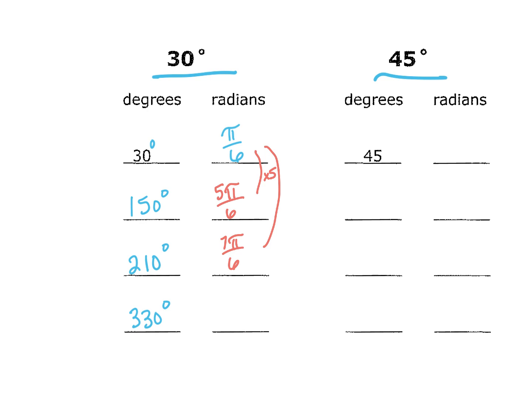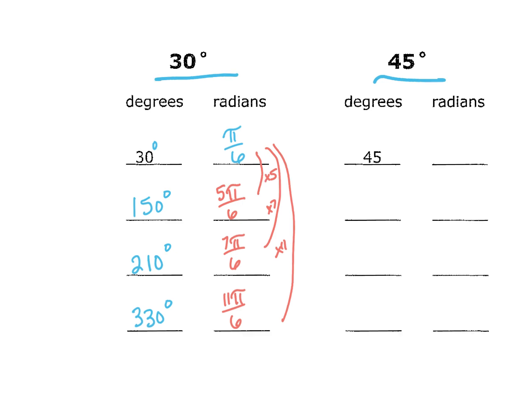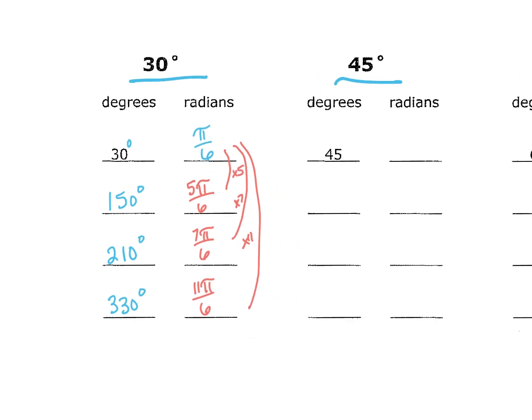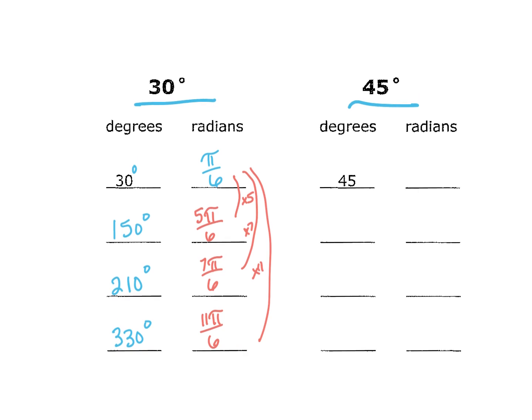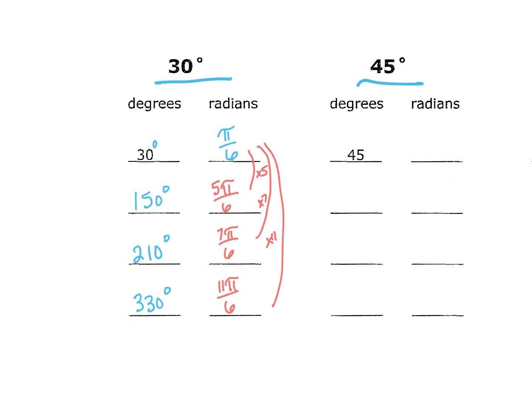And then lastly, if you multiply 30 times, I didn't write in that times 7, so times 11, that gets you from 30 to 330, so that means 11 pi over 6 is equivalent to 330 degrees. This is helpful to know, but I would strongly encourage you to truly just memorize these.